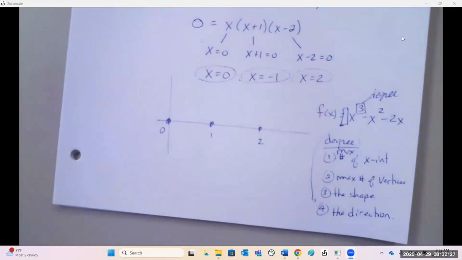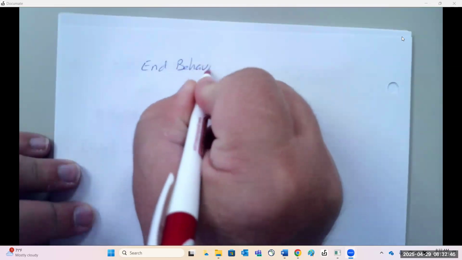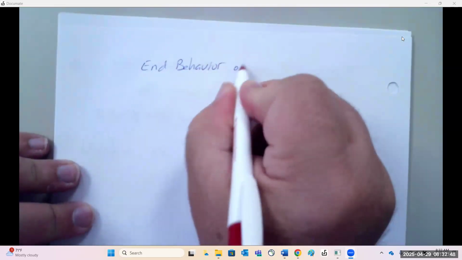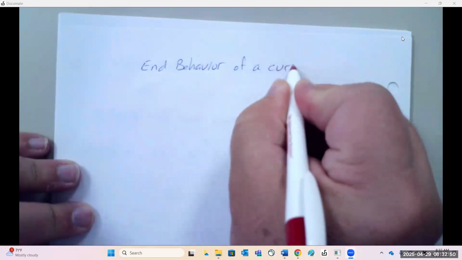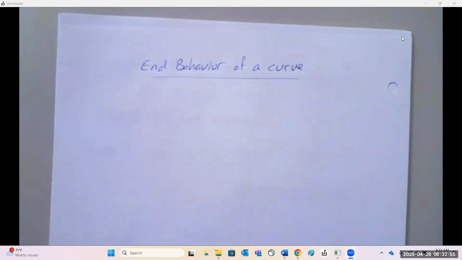You guys ever heard the term end behavior? Any of your teachers ever tell you that? No. Okay. The end behavior of a curve. Every function, no matter how you draw it, has to go on to infinity, both directions.